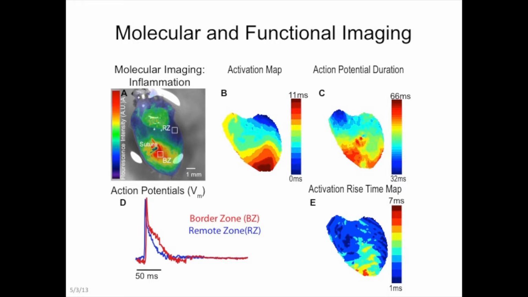You can see here by the crowding of these isochrones that the action potential propagation is slowed down, which is not normal. It should be uniform. We can also look at action potential duration, how long the action potential is, and how long it takes the action potential to reach its maximum peak, the activation rise time. We can also take a look at optical action potential morphology.